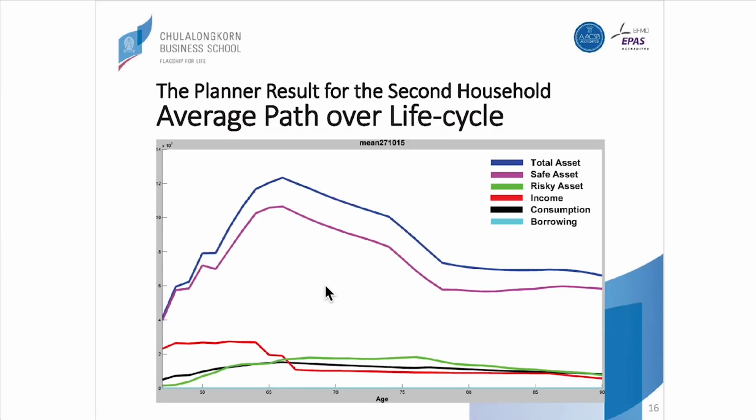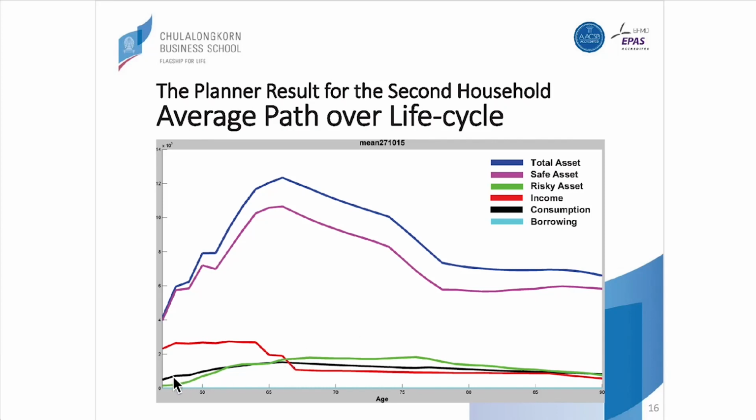More interesting is the life cycle picture. So here's what the planner recommends that the household should do. Namely, let's start down here. We've got income in red. That's the elicited profile over time that I just told you about. The consumption is endogenous variable, obviously. It's in black.